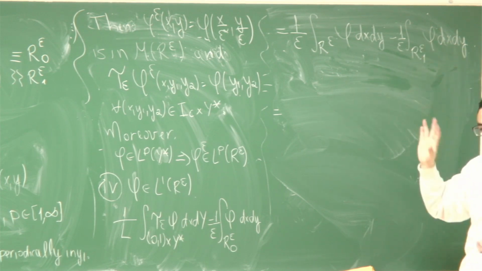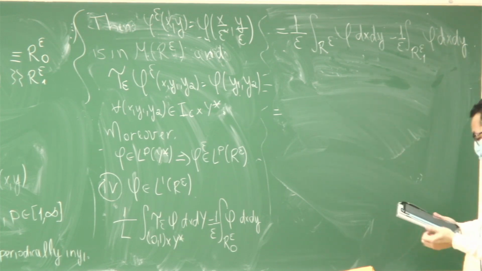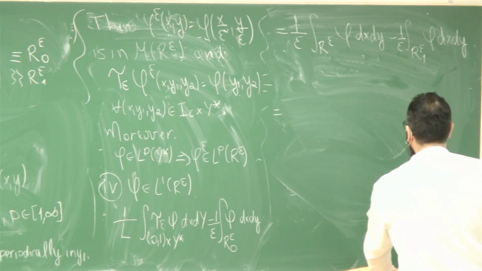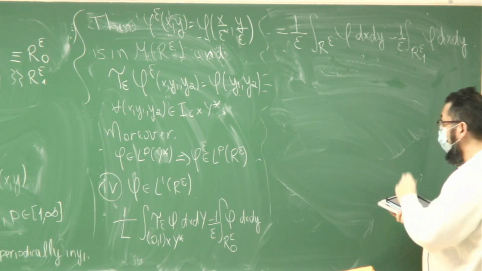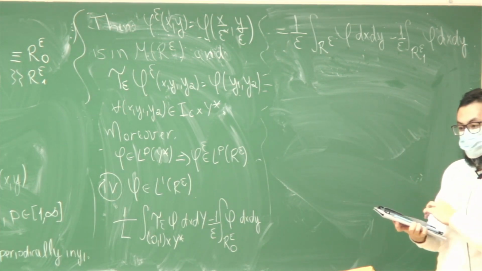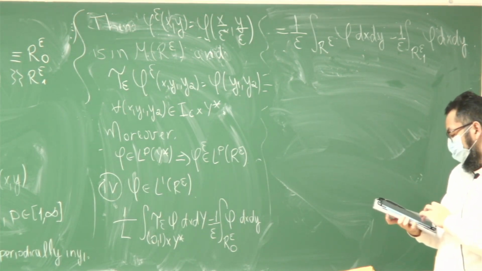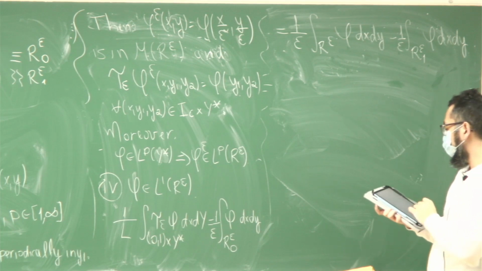Let's say formally, we have to prove it, but that's basically what happens. This is the most important property of the method, in my opinion at least.